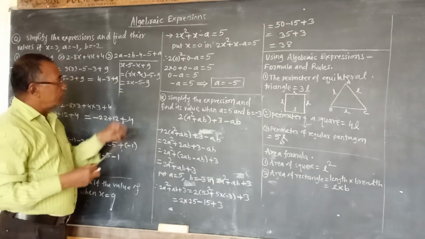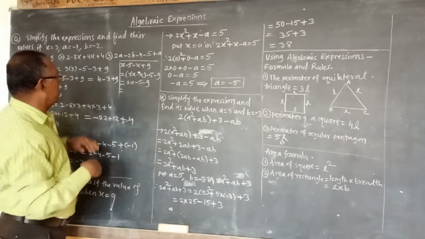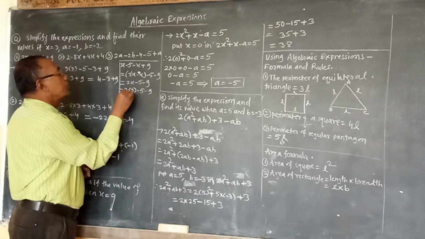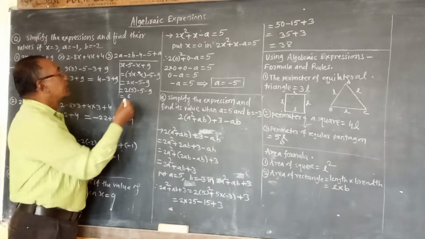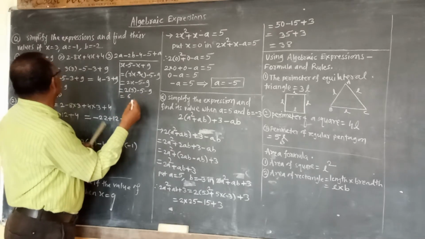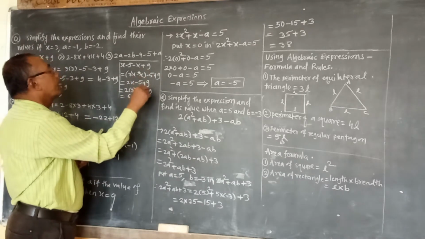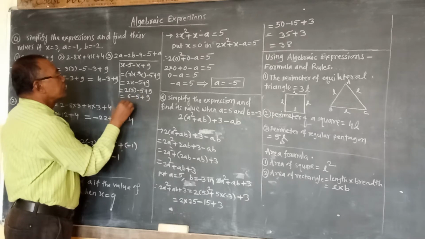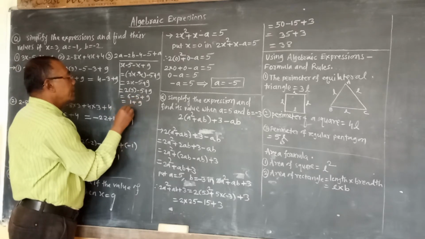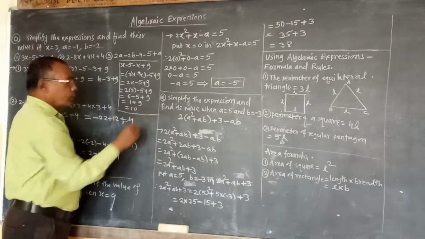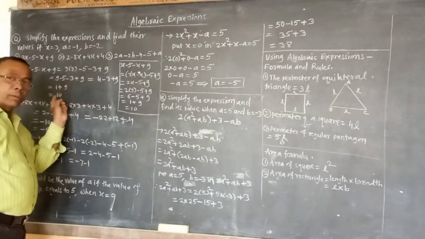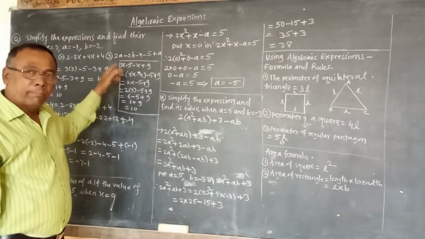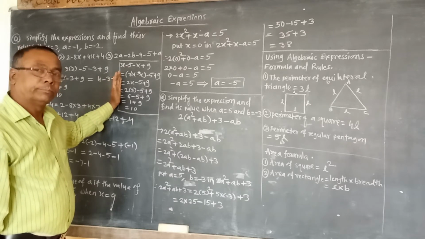Now substituting the value of x, that is x is equal to 3, we will get 2 into 3 minus 5 plus 9, which is equal to 6 minus 5 plus 9. 6 minus 5 is 1, plus 9, and that is equal to 10. In this way, we got the same value by solving the expression by the second method.